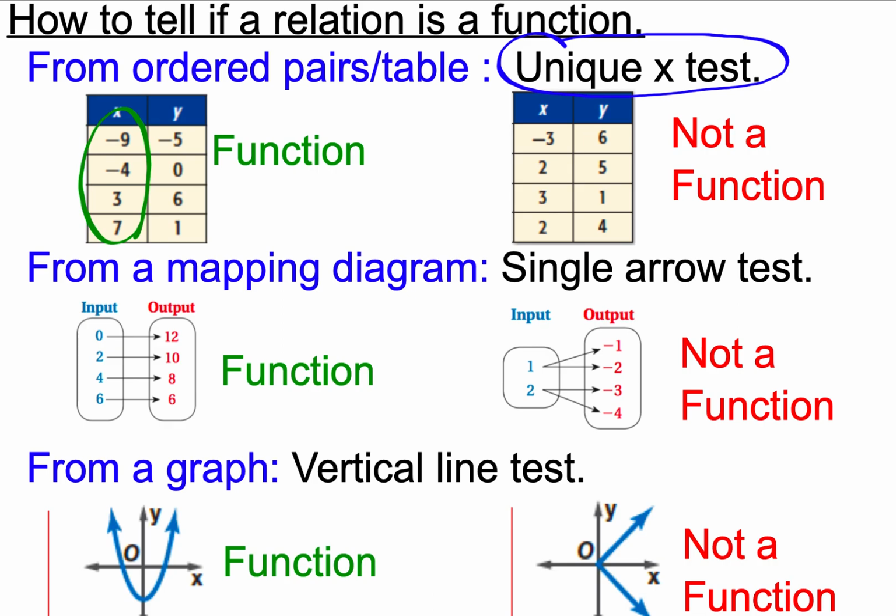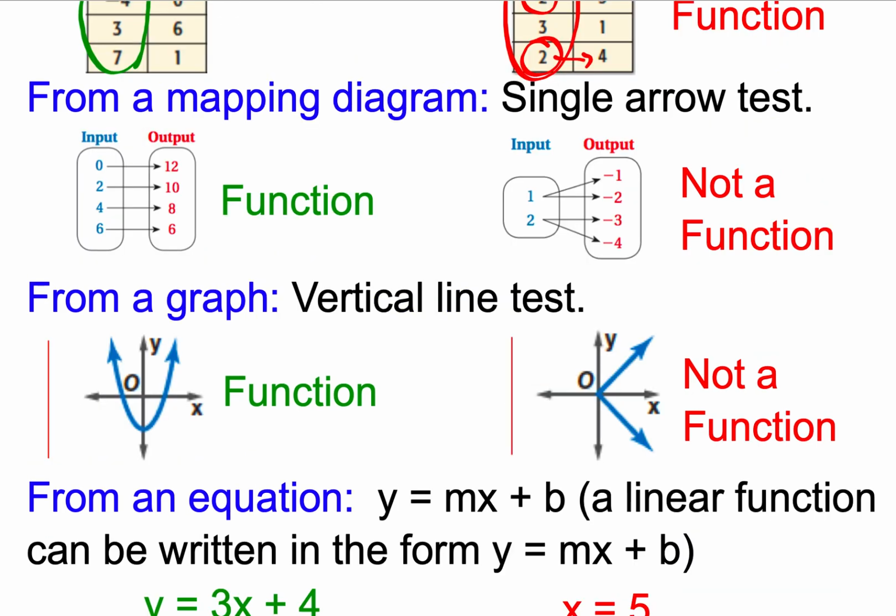All unique, all different. That is a function. If we look at the not function example, there is a repeat. The 2 happens twice. One of the 2's goes with 5, and the other 2 goes with 4. That's not a function.